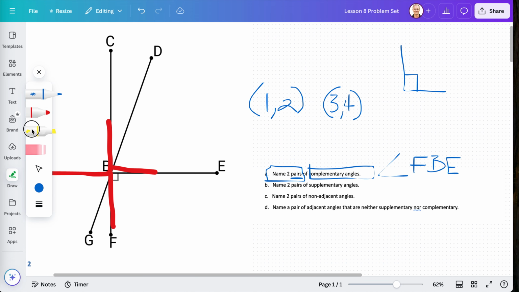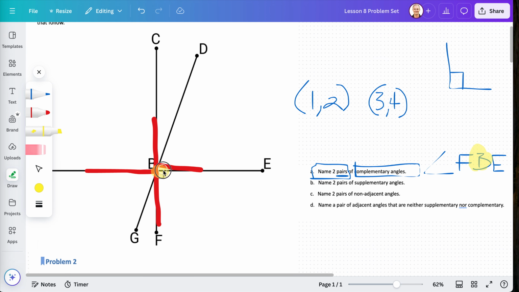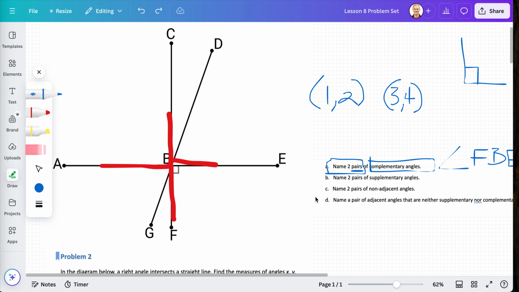So the B, or the middle point, will always be the vertex of the angle. So here's one, oh, I'm sorry, that doesn't make sense, because that's already a 90-degree angle.